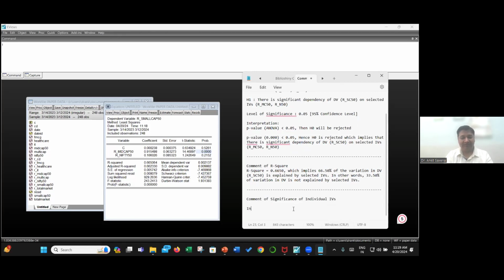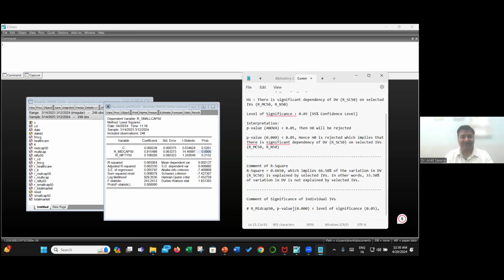But in short, because it's not the main interpretation, you can write in short. I'm talking about the return of Mid Cap 50: here my p-value is 0.000, which is less than the level of significance, which is my alpha value. You have already commented on the model significance, but here you are commenting on the significance of the individual IV. The level of significance is 0.05 in general, if nothing is specified.